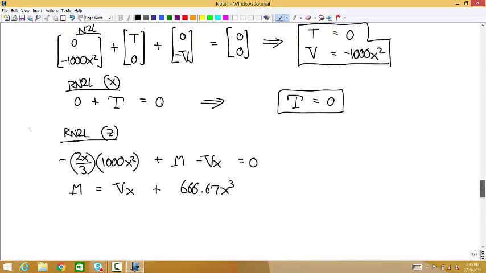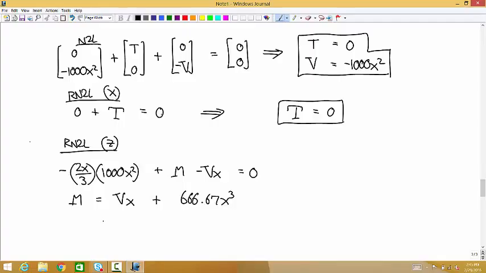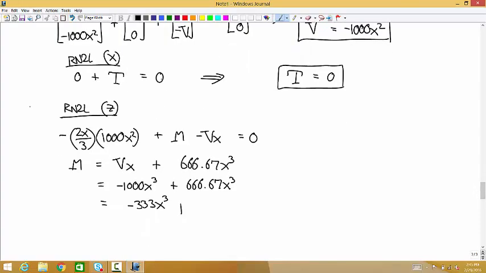And now you have to substitute in for V. We know what V is. So this says negative 1,000x squared times another x plus 666.67x cubed is equal to minus 333x cubed. Any questions about that?